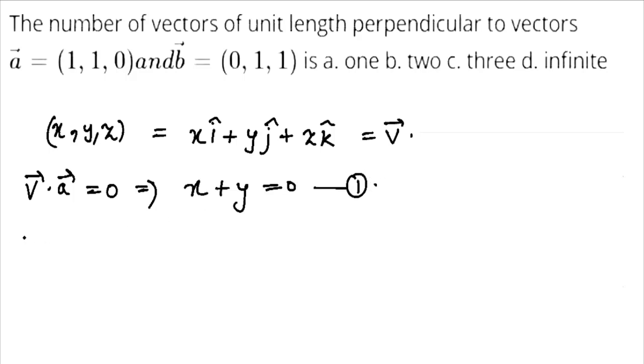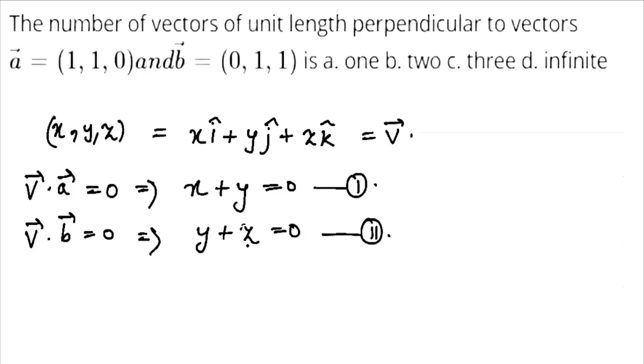Then let's look at v dot b to be 0. This would imply x times 0 is 0, plus y times 1, that is y, plus z times 1, that is z, equals 0. Let's call this equation number 2.